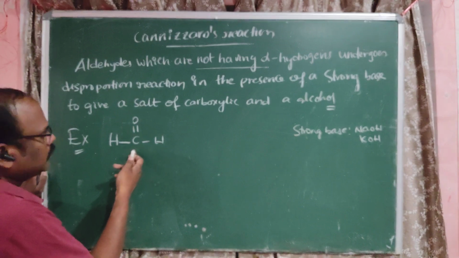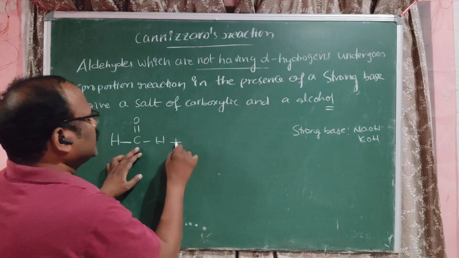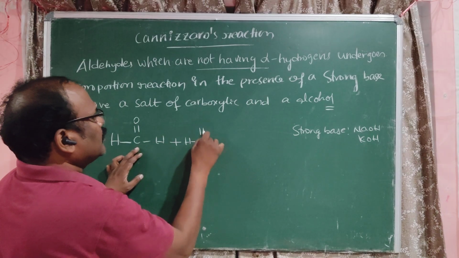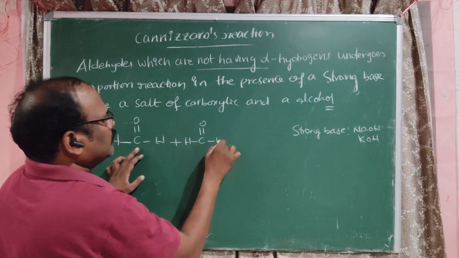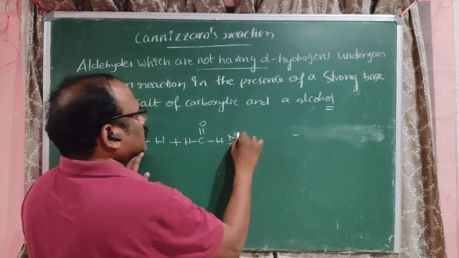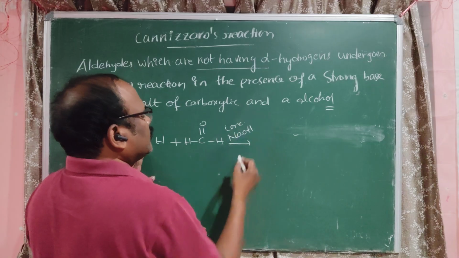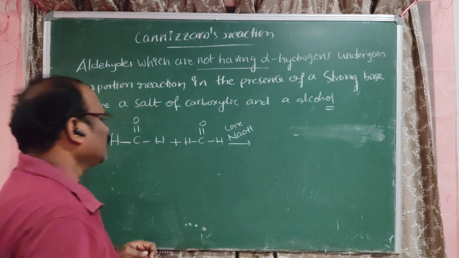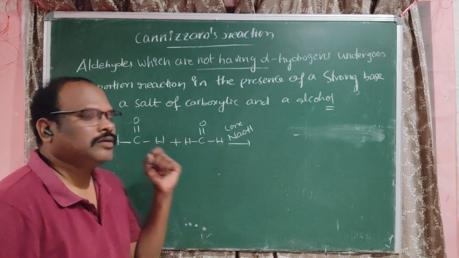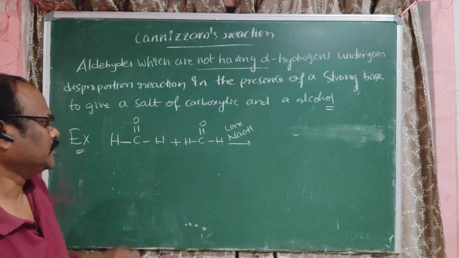This aldehyde does not contain any alpha hydrogen atoms and it reacts with another formaldehyde in the presence of a strong base, concentrated sodium hydroxide. Out of these two aldehydes, one undergoes oxidation, another one undergoes reduction.